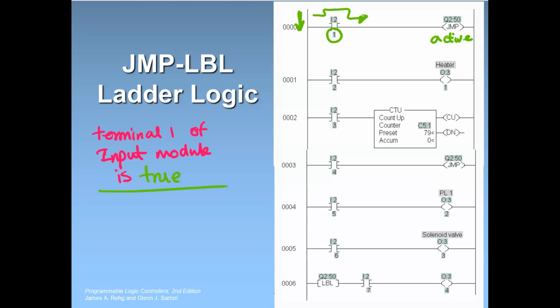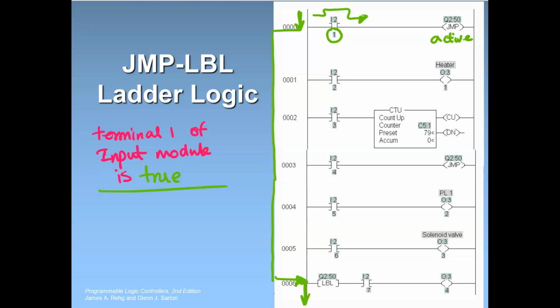This is the label instruction at the beginning of the rung, which has the exact same reference number. So the program will skip executing rungs 1, 2, 3, 4, 5, and it will execute rung 6. And it will continue from here.